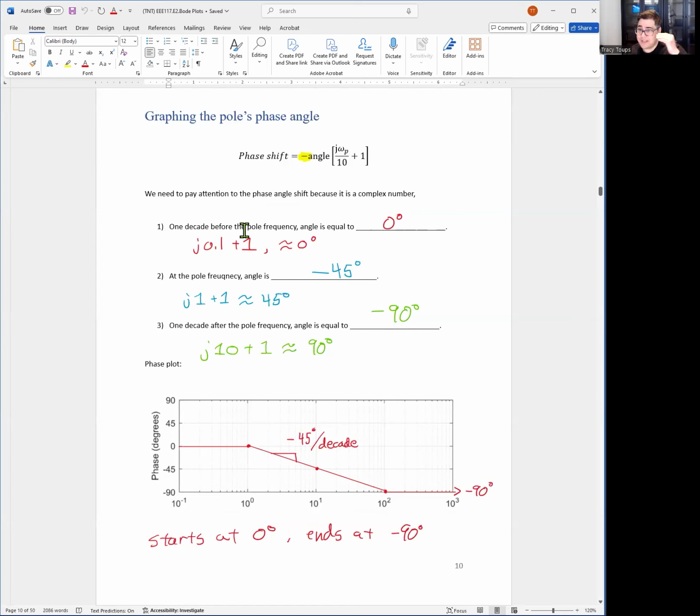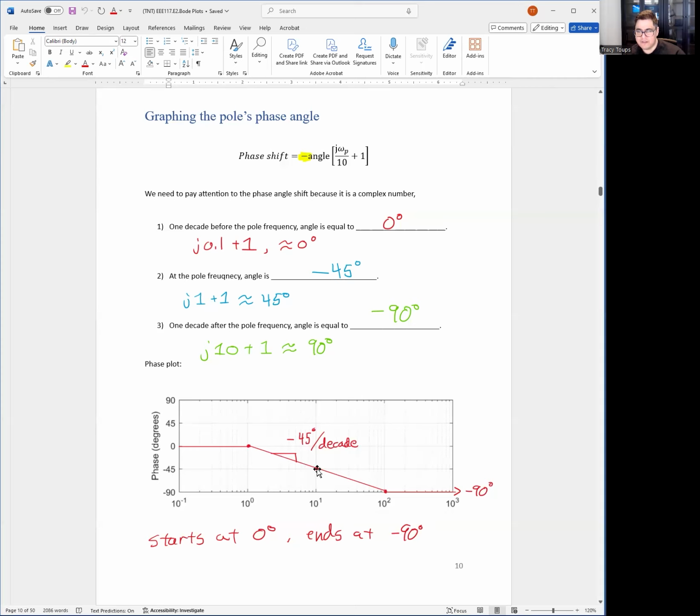So we could set some rules. Remember, I always say the analysis, let's look at the frequency as you sweep across the pole. Let's do a low frequency before the pole. So the pole is 10, right? We're going to have a very low frequency here, and we're going to have a J 0.1 plus 1. Okay. This is going to be roughly equal to 0 degrees.